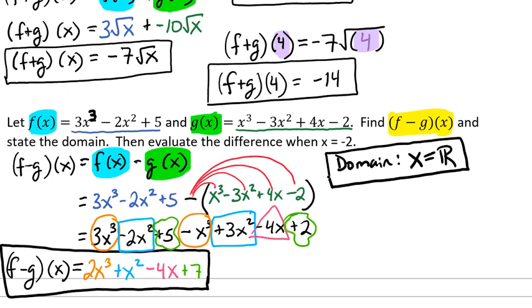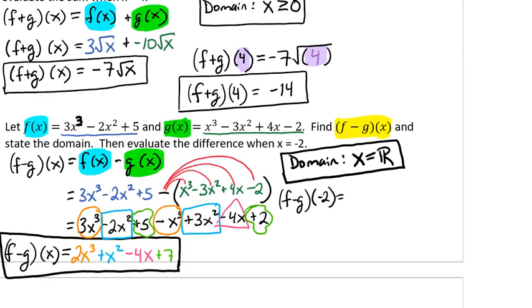Now, in order to evaluate, we're going to take our f minus g of negative 2. So we're going to plug that negative 2 into all of those spots. So let's give ourselves a little bit more room. Okay, so we have 2x to the third plus x squared minus 4x plus 7.